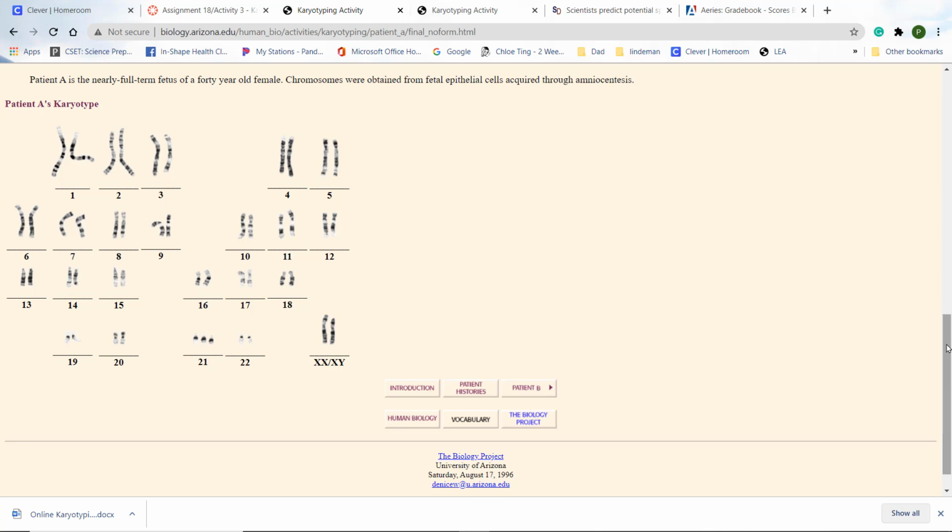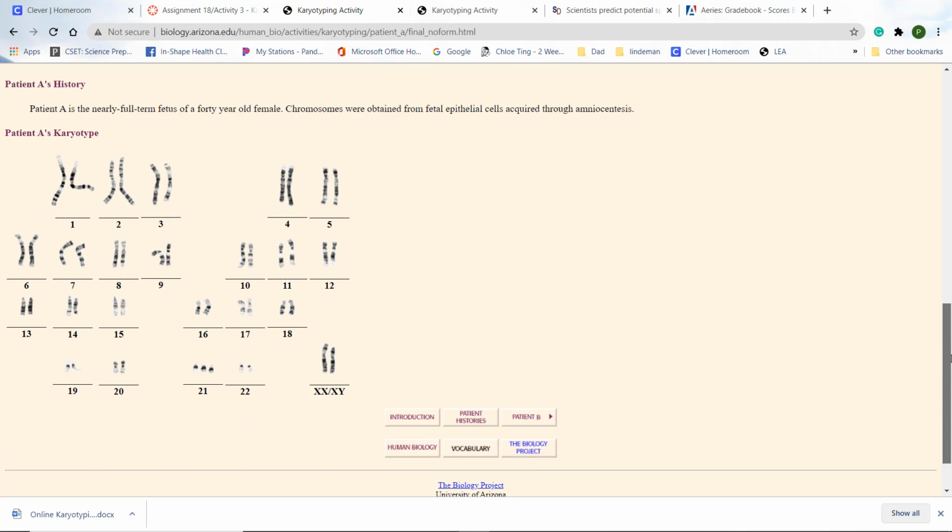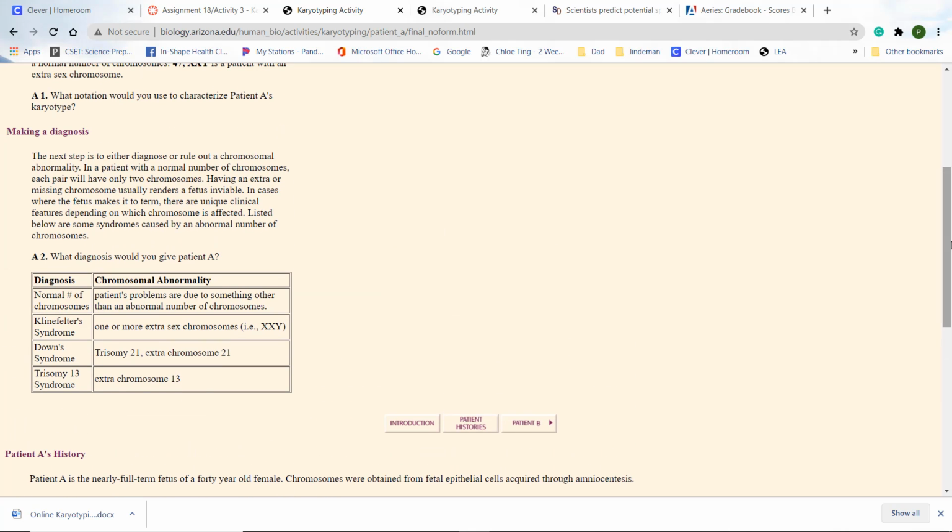So it's 47,XX female, and then you have to tell me which of these chromosomes has 3, right? And then you would go to making a diagnosis, and you would just read this and tell me which of these things it would fit, and you would highlight that name.